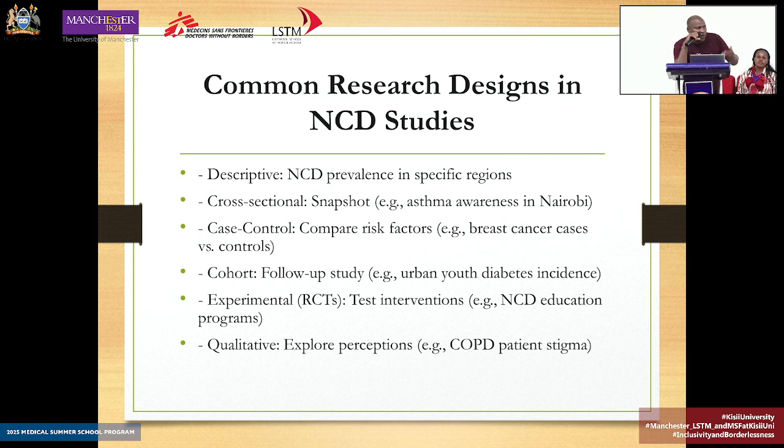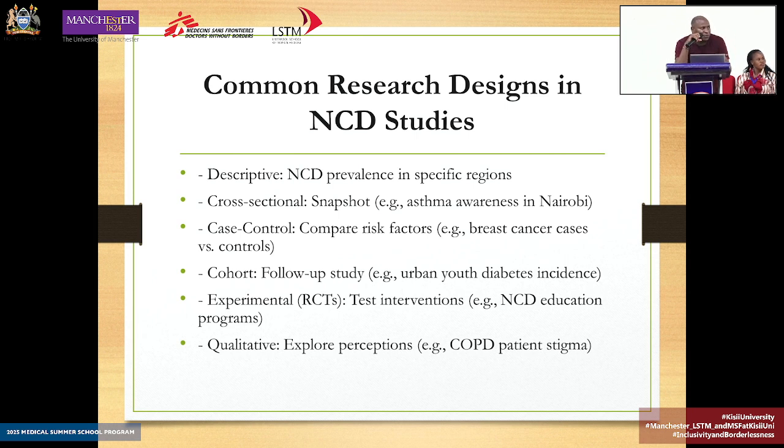You see what happens. Then we have what we call case control. And I know you are medics. This is very important to you, where you compare risk factors, like breast cancer cases versus controls. And you are able to get data. Then cohort, follow-up studies. You want to look at the urban youth diabetes incidences, periodical.